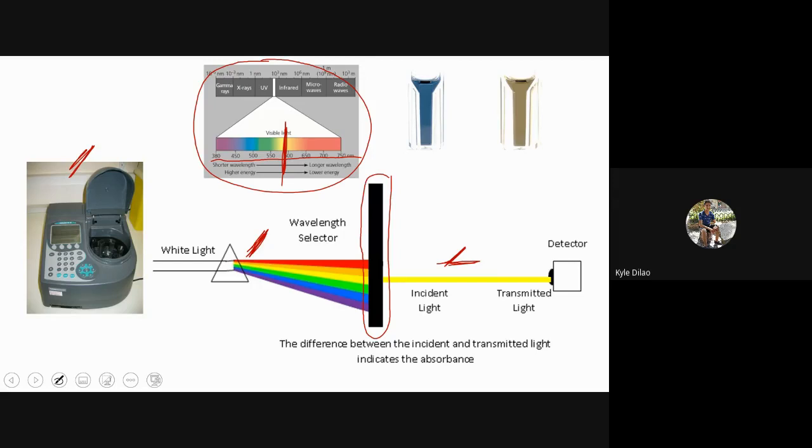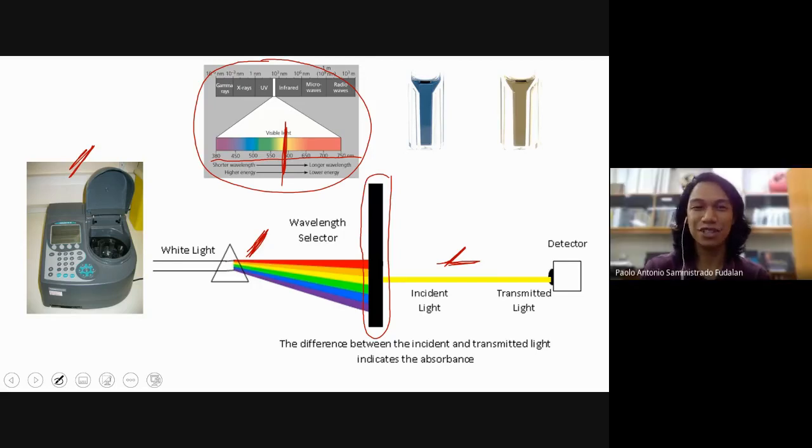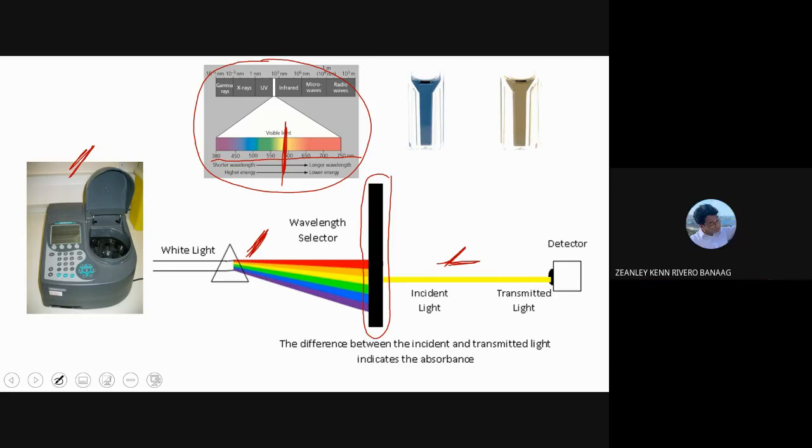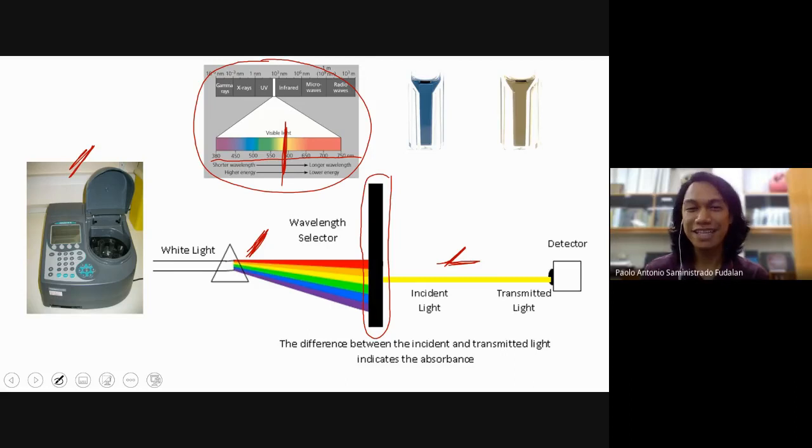Red. So you will have red light instead that will be passing through. And if you set your absorbance value in the spectrophotometer for 525 nanometers, what color of light will pass through? Green, sir. Green. All right.